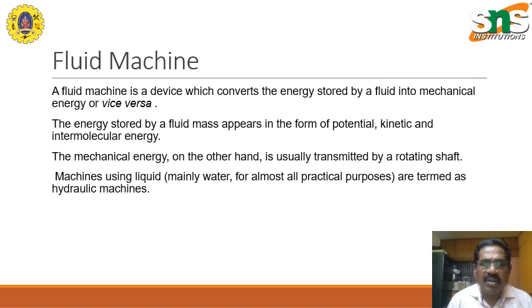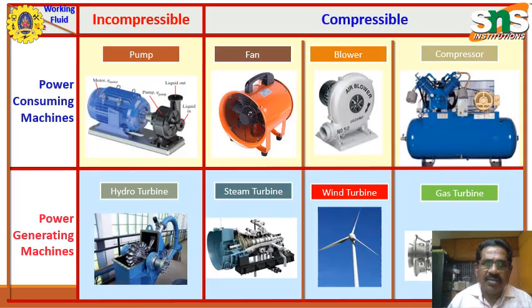Machines usually use liquid, mainly water, for all practical purposes and are termed hydraulic machines. So there are incompressible fluids and compressible fluids. The one which works on incompressible fluids is categorized here, and there are power consuming machines and power generating machines.